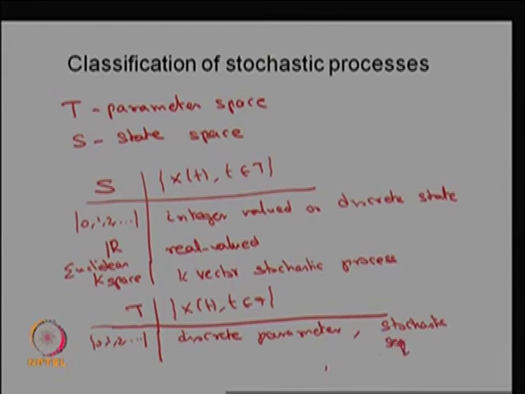Whenever the possible values of capital T are countably finite or countably infinite, we call the corresponding stochastic process a stochastic sequence, or a discrete parameter stochastic process. Otherwise, if it takes uncountably many values in the capital T, then it is called a continuous parameter, and it is called a stochastic process itself. Therefore, based on the discretization it uses the word sequence, and if there are uncountably many values of capital T, then it is called a stochastic process.